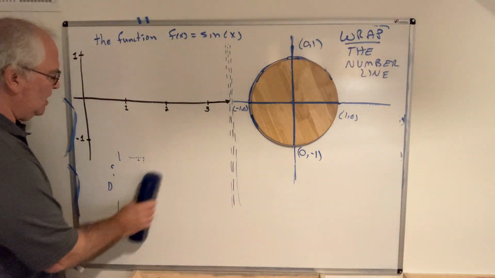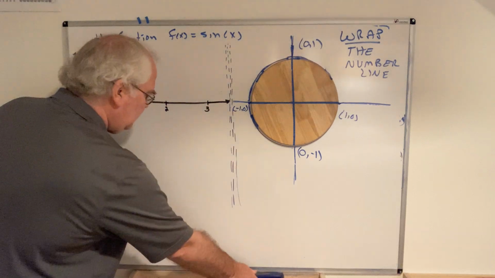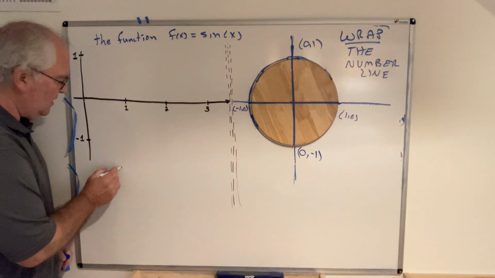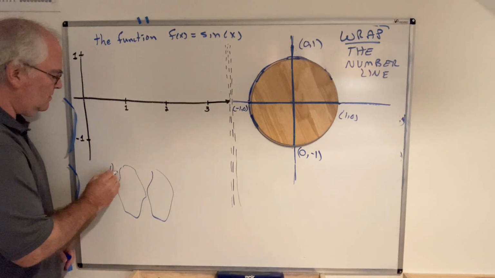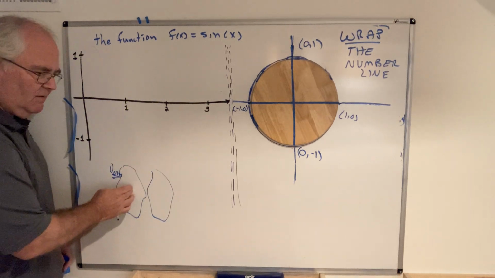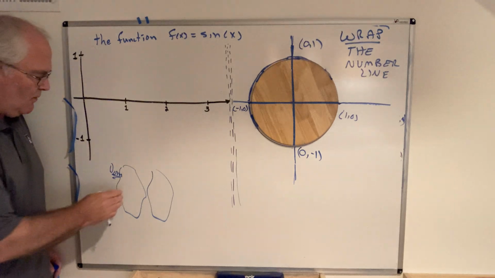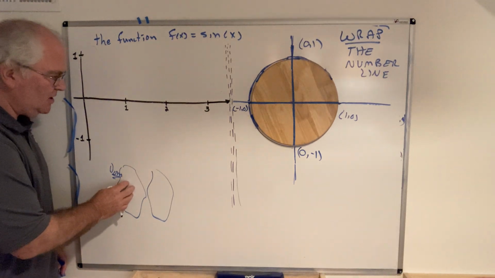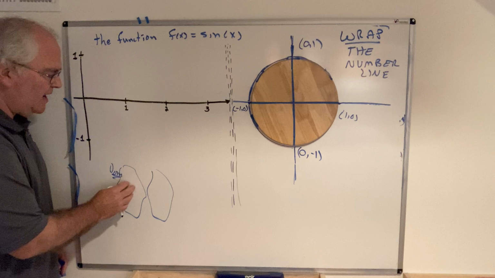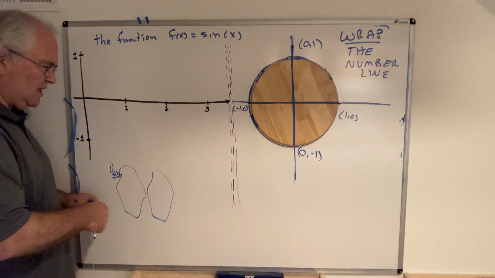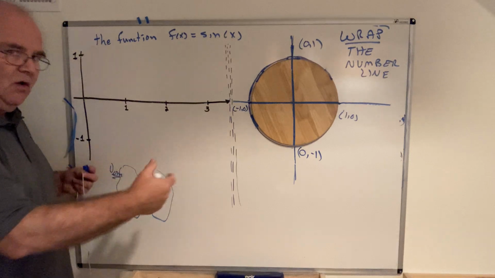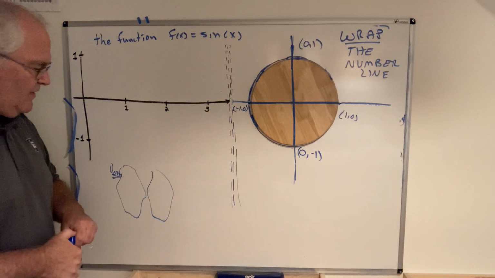And so the input, the x value, the domain value, may be any number on the number line. We are free to choose any value on the x-axis, any number line value. And we will see that the domain is all the real numbers. Well, we will see that.